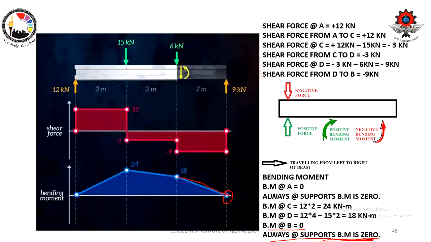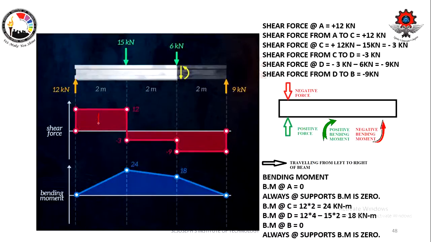Since this falls in the condition 1, that is no rate of loading between two point loads, shear force should be horizontal lines and bending moment should be linearly inclined lines. So this is how we are supposed to draw the shear force and bending moment diagram.